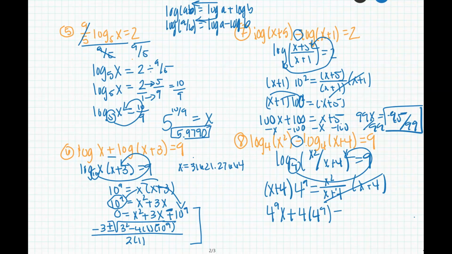I'm going to have to switch over to that calculator. Equal to x squared. And we're going to have to get this all over to one side and solve our quadratic. So this is going to be equal to x squared. I'm going to figure out this number and then I'm going to move it over there. So I'm going to say minus. So let's see. 4 to the 9th, which is 262,144x.